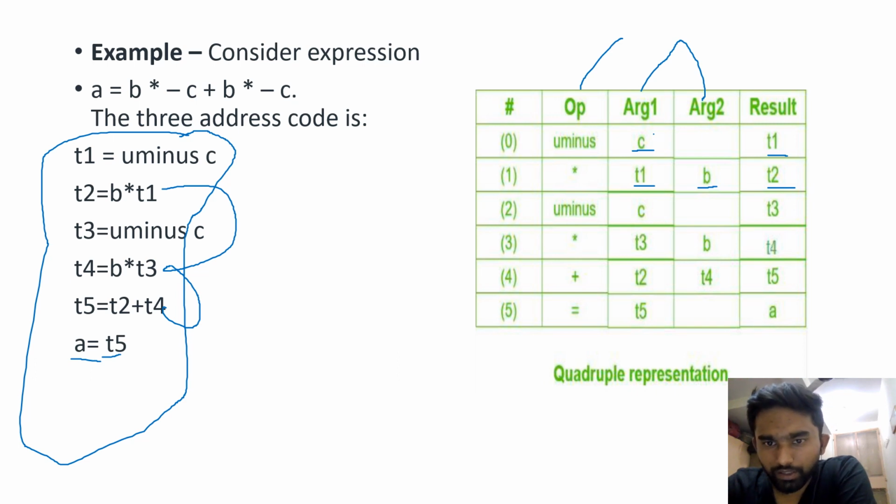So we have operand c, the operator used is unary minus, and the value is stored in variable t3, and similarly t3 * b, value stored in t4, t2 + t4, value stored in t5, and finally we store the value or result of t5 in variable a.